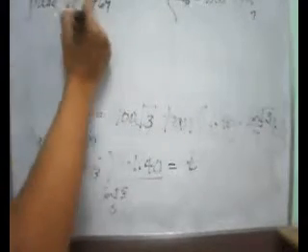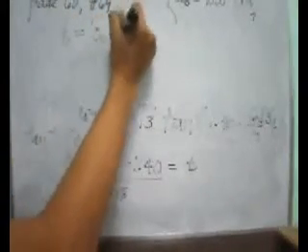Okay, so the result is that t is equal to 0.42 using your calculators and then in radian mode.